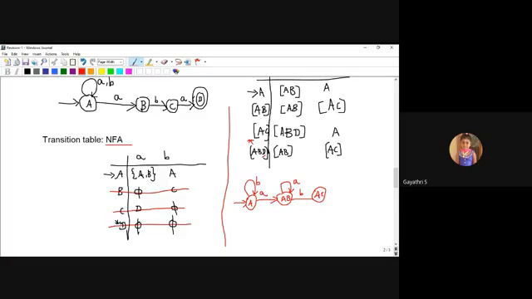From AC on A, it goes to the final state ABD. AC on B goes to A. Then ABD on A goes to AB, and ABD on B goes to AC.